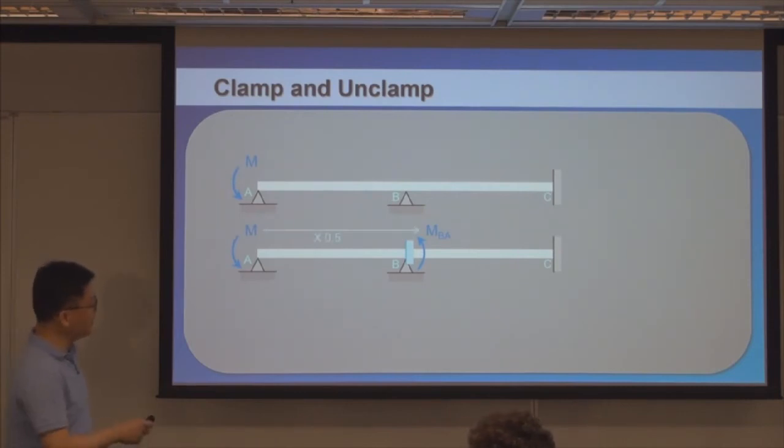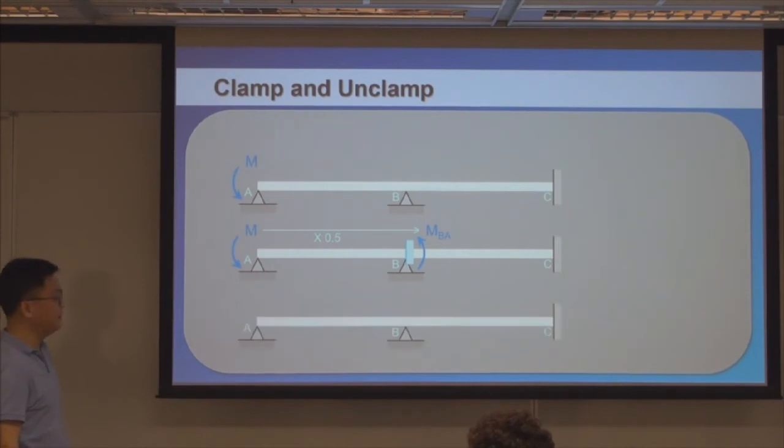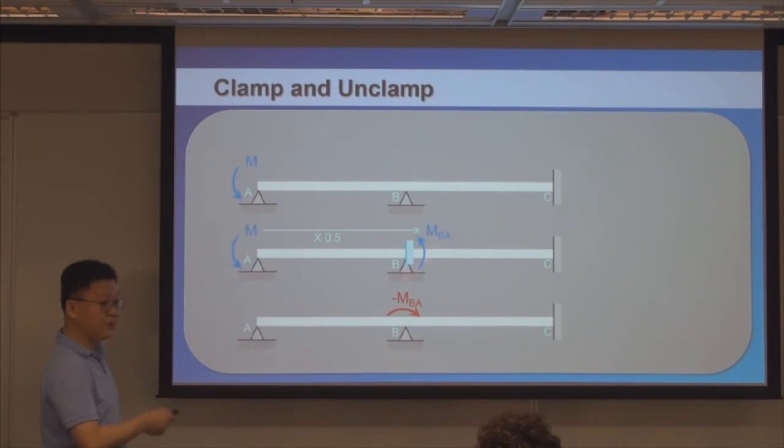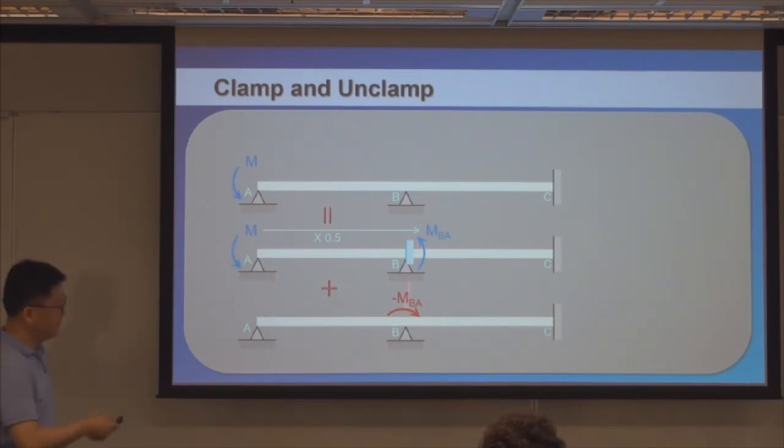And then this clamped boundary condition is not supposed to be there, so you counterbalance that moment with the negative moment. And then again, by superposition, you can cancel these two moments, and you go back to the original loading conditions. So you can very cleverly, using clamped and unclamped concepts, move the force around. It's a very clever thing to do, plus superposition.